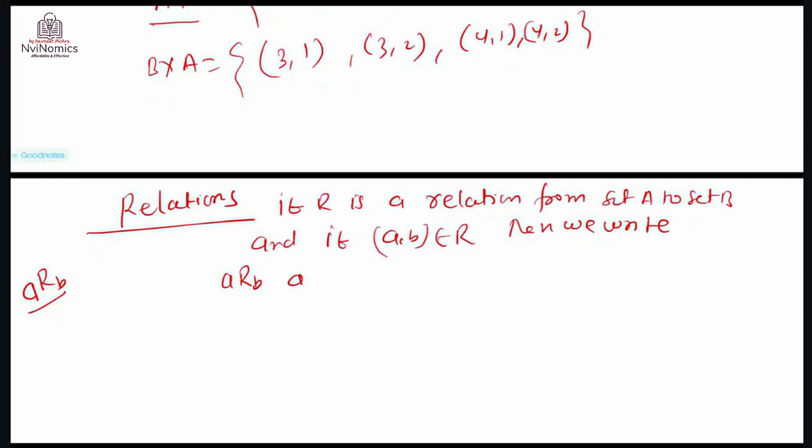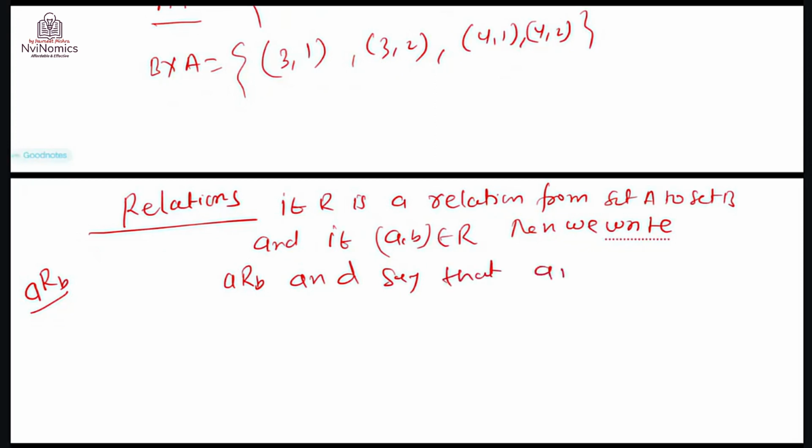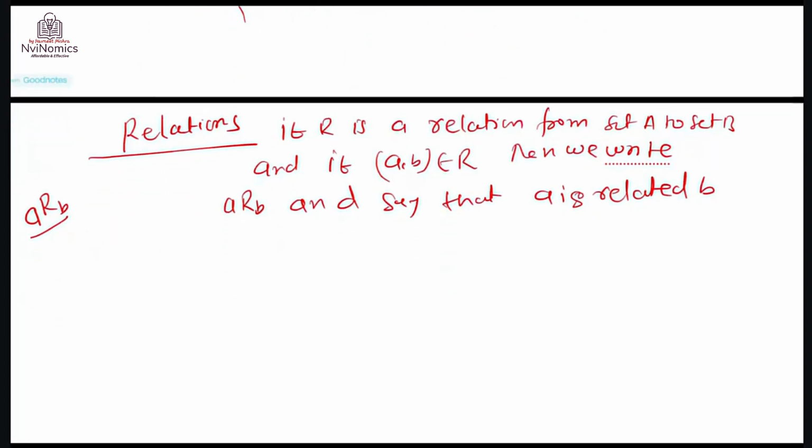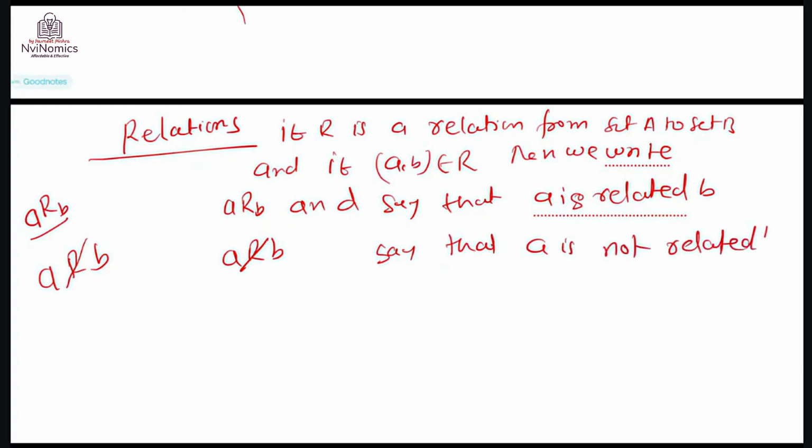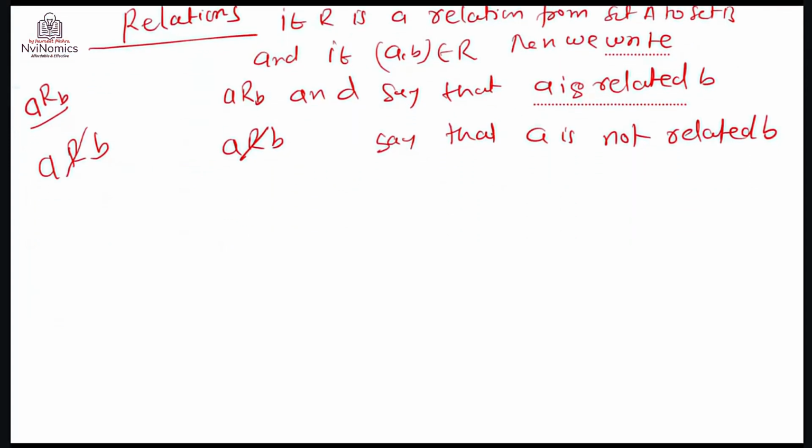See, write it like this: a is related to b. And if a is not related to b, then we write a R with a cross through it, and we say that a is not related to b.